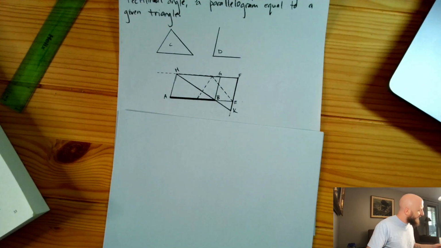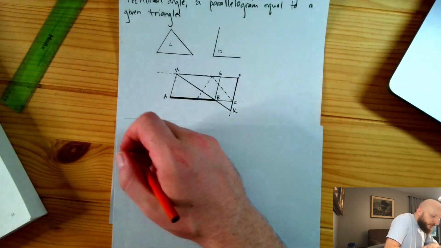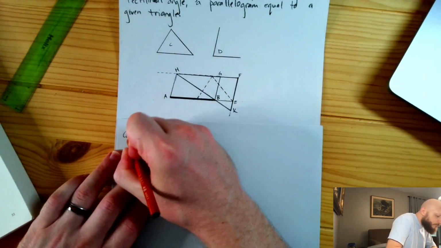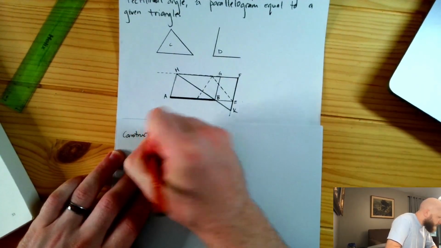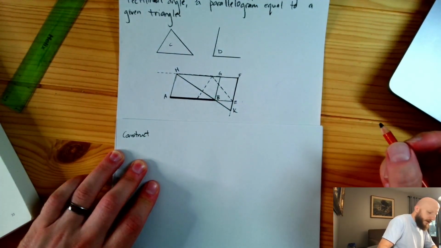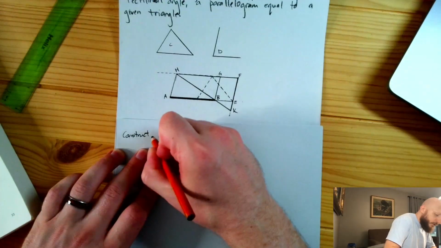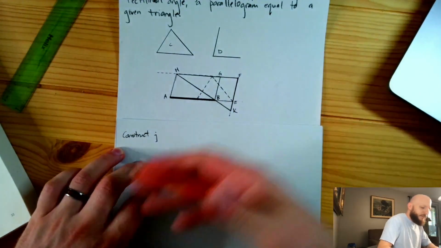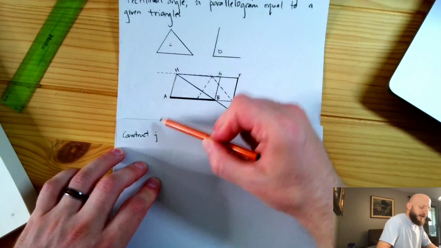Through the point K, let KL be drawn parallel to either EA or FH. Let's see, what did he call it? KL. So I'll give it a new name. I'll call it J, because L is going to be an intersection point with HA over here.